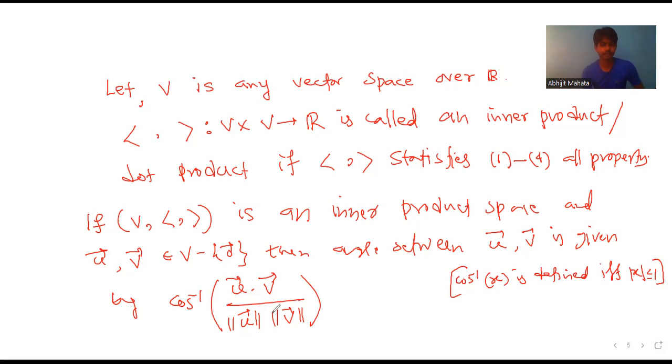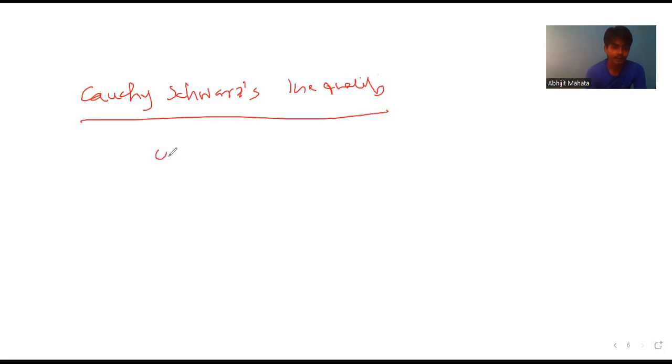And it is, yes, because of the Cauchy-Schwarz inequality. The Cauchy-Schwarz inequality tells us that if you take two vectors from the inner product space and take the inner product, then its absolute value is less than or equal to the norm of u into the norm of v. So this is the idea, something like this.